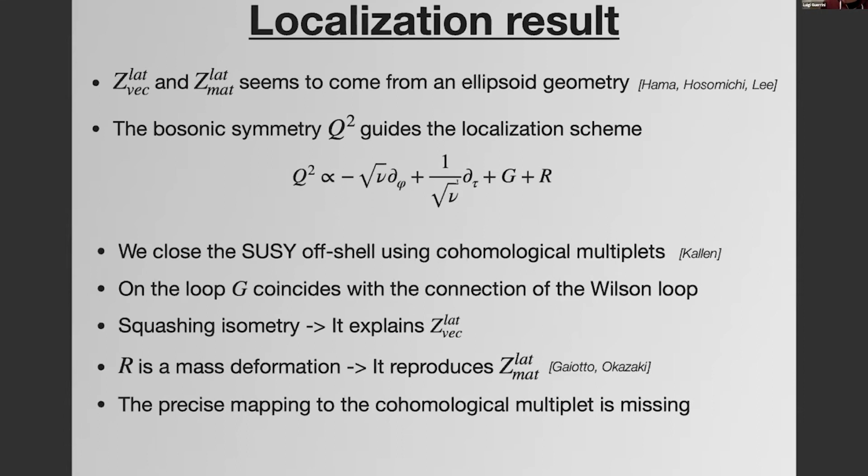But since we have this different vector, we have a different functional determinant, which is the one of the squashed sphere. It's more subtle to reproduce the matter determinant because we have to interpret this R-symmetry transformation, which is an actual R-symmetry from the N=6 point of view, as a mass deformation for these cohomological multiplets. In this way, the parameters recast in a nice way, and we can reproduce the hyperbolic cosine.